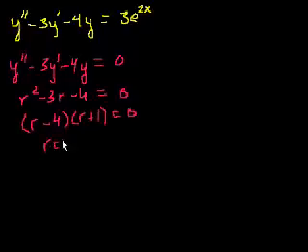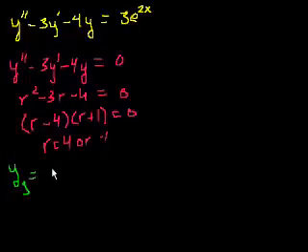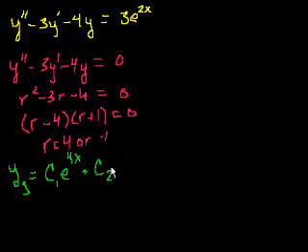Two roots, r could be 4 or negative 1. And so our general solution, let's call that y sub g, is equal to, and we've done this many times, c1 e to the 4x plus c2 e to the minus x. Fair enough. So we solved the homogeneous equation.